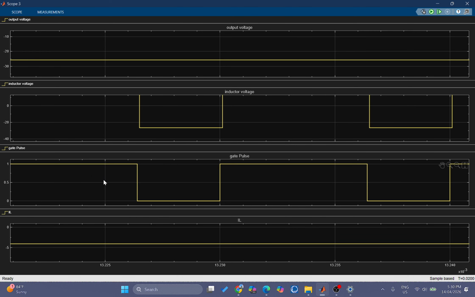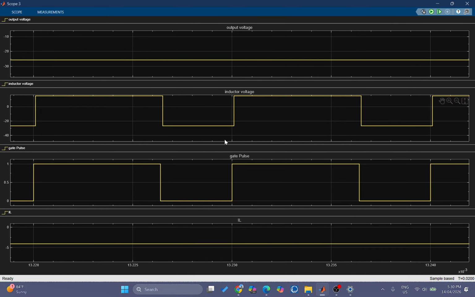Now your gate pulse is here. You can see that when your switch is turned on, you have a high inductor voltage and the inductor is getting charged. When you have a switch off, the inductor voltage is decreasing and reduced to negative.